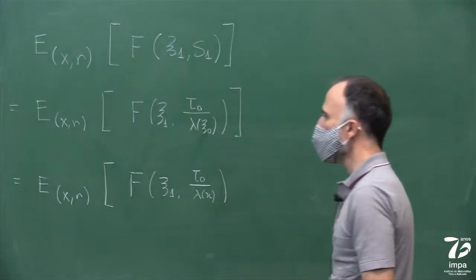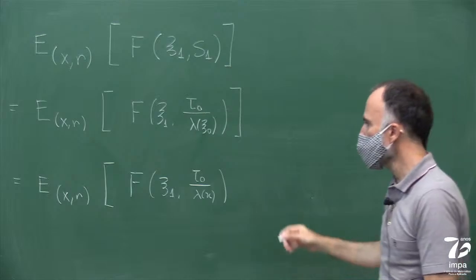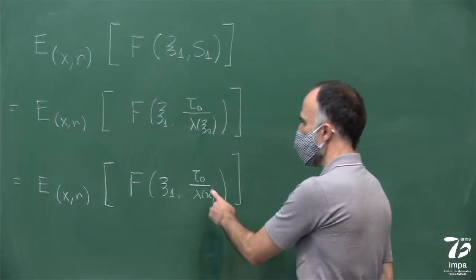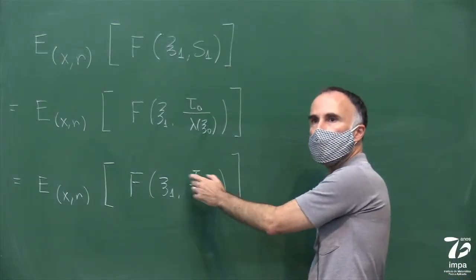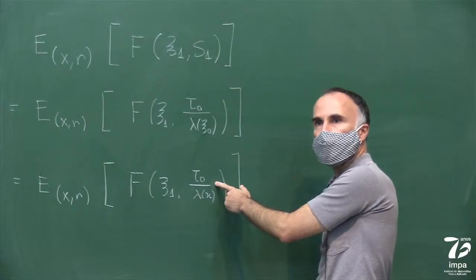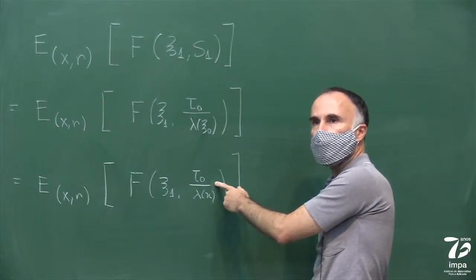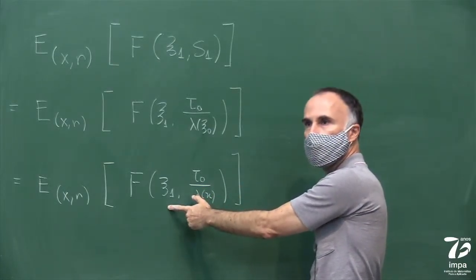And how do I compute this expectation? Well, first, tau 0 is an exponential random variable, independent from psi.